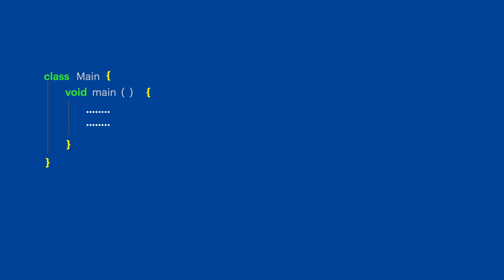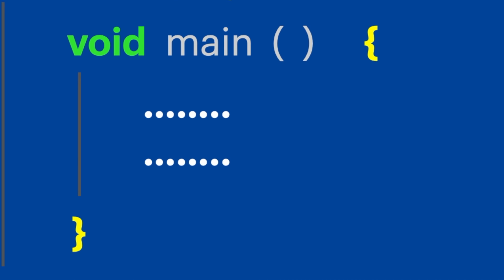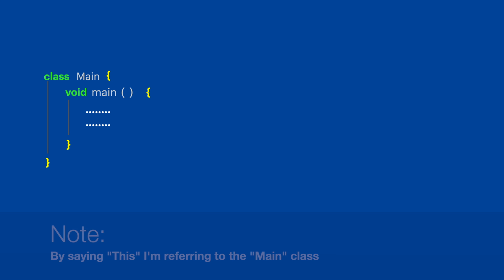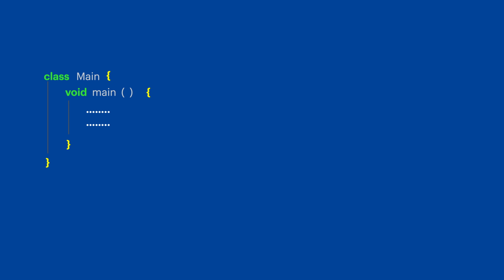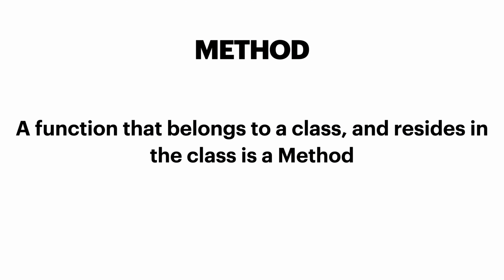Now, the functions that we define in these curly braces belong to this class, and the correct term for these functions is methods. A function that belongs to a class is called a method. In some programming languages like Python, you can have a function outside a class, but only those functions which belong to a class are called methods of that class.